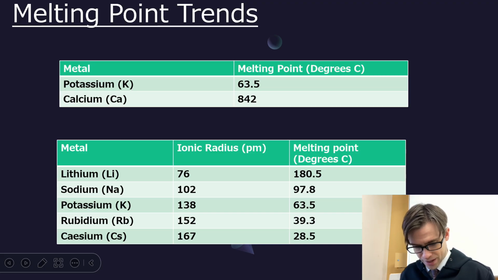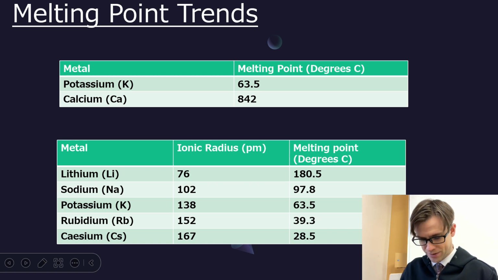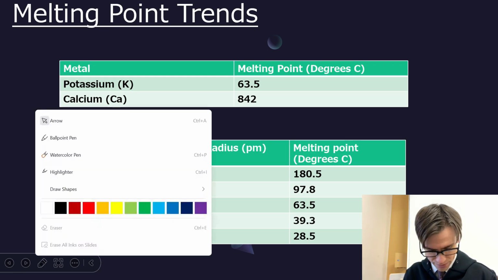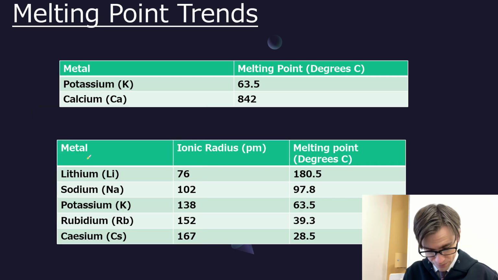And then if we look at going down a group of the periodic table, lithium to sodium to potassium to rubidium to cesium, here we're mainly looking at the ionic radius. So we go from 76, then a few jumps up to 167. But lithium has the highest melting point at 180.5 degrees C. Then the trend is it will decrease and decrease and decrease as the radius gets larger.